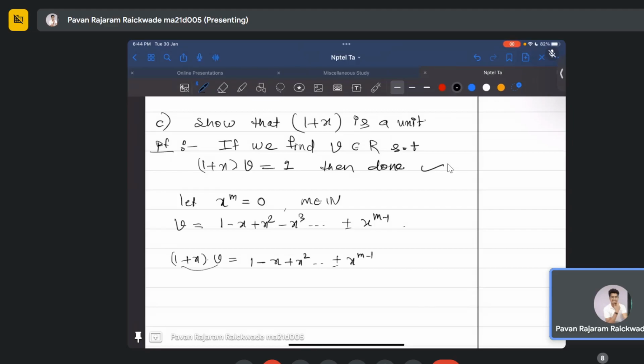right? So I get first of all 1 times v is v as it is, 1 minus x plus x squared until plus minus x raised to m minus 1. And if I now do the x multiplication, I get plus x minus x squared plus x cubed, something like this, and then at the end x raised to m, right?